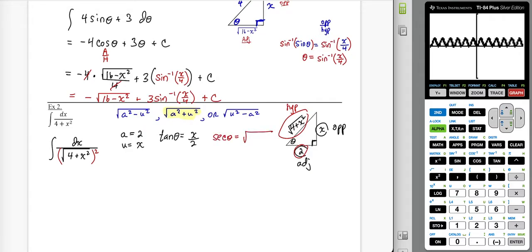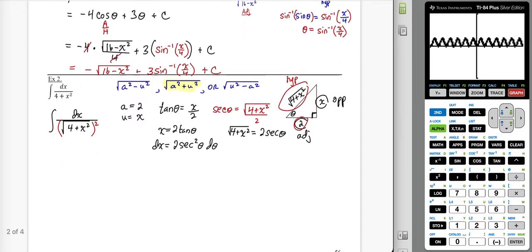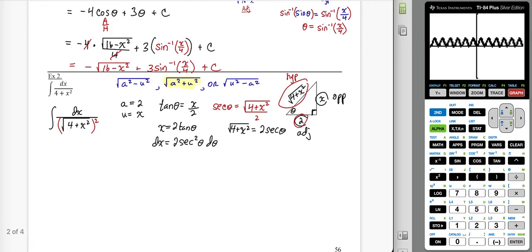So the square root of 4 plus x squared over 2. Now if I want to clean this up, I'd solve for x, differentiate, solve this one, the second equation, for the radical 4 plus x squared, and then make my substitutions.